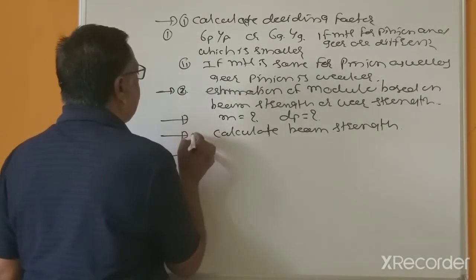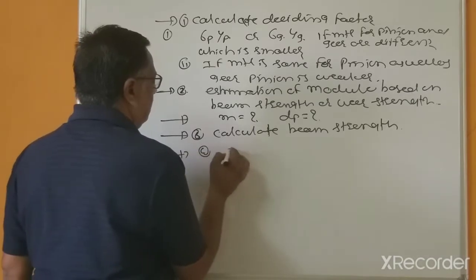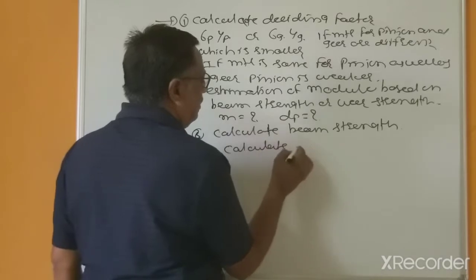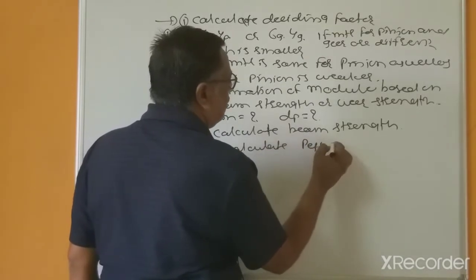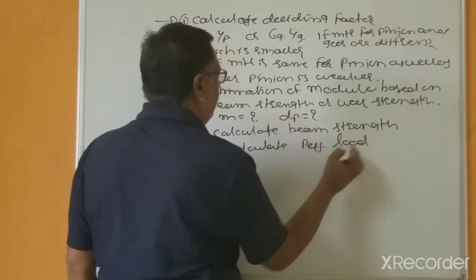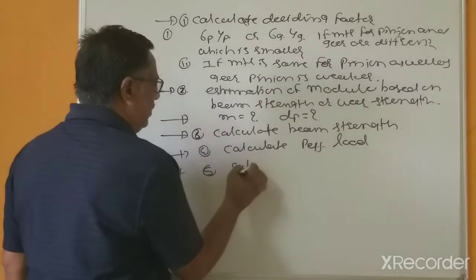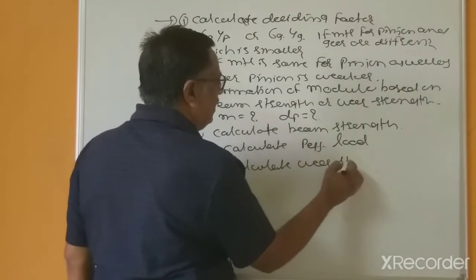Fourth step: calculate the effective load. After that, the fifth step is to calculate the wear strength.